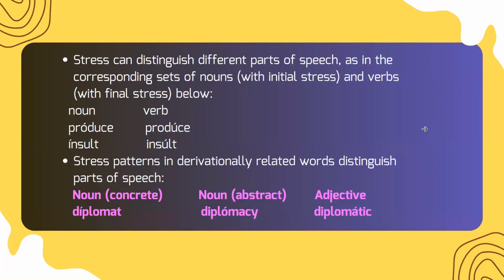So, stress can distinguish different parts of speech, as in corresponding sets of nouns with initial stress and verbs with final stress. Below, noun produce, verb produce. Insult, insult. You can see noun and verb.